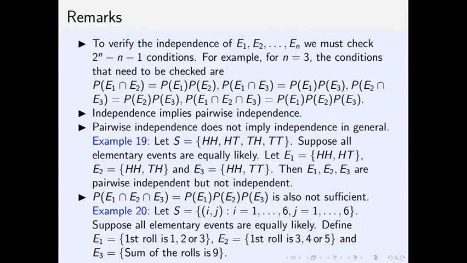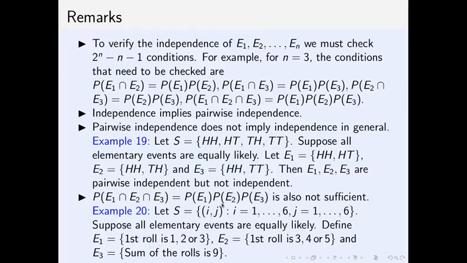You can check, I am not going into the checking because it is very simple, that in this case probability of E1 intersection E2 intersection E3 turns out to be probability of E1 into probability of E2 into probability of E3. So this condition holds true for this example, but E1, E2, E3 are not pairwise independent.